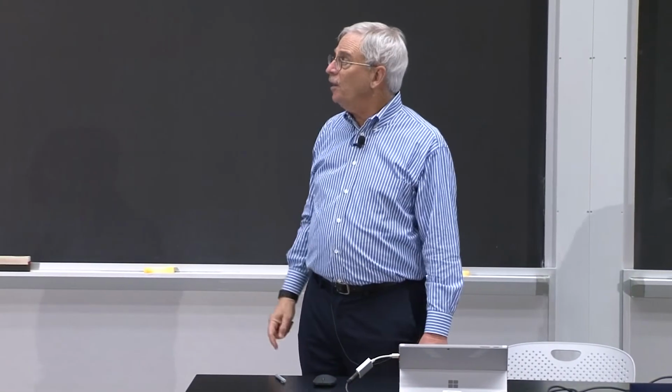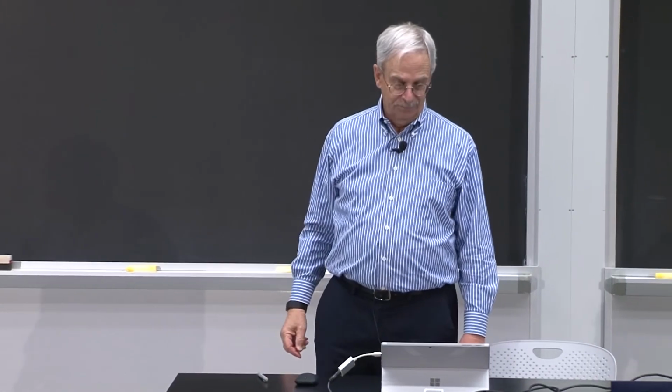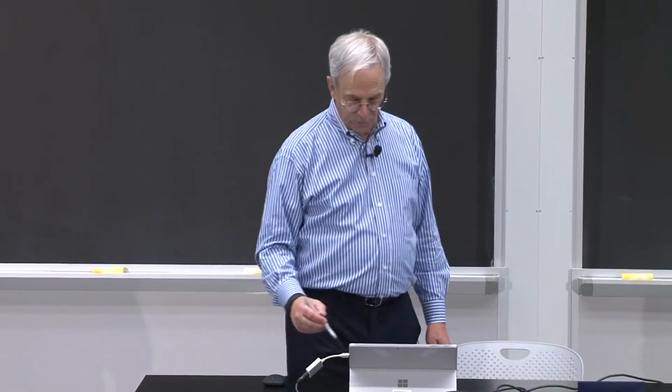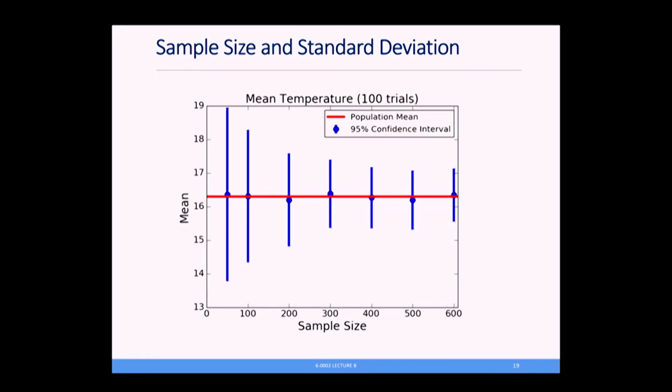The estimates of the mean don't necessarily get any better. In fact, we can look here, and this is actually a worse estimate relative to the true mean than the previous two estimates, but we can have more confidence in it.